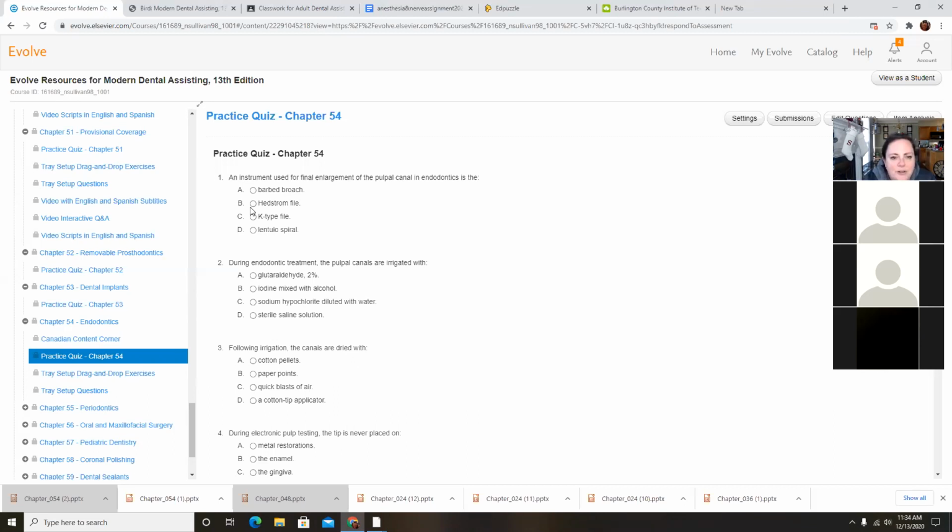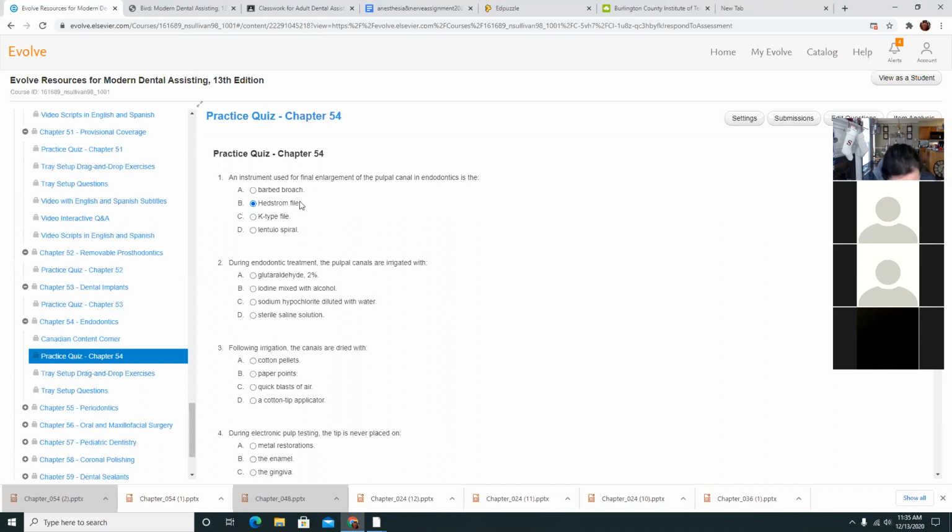So I'll tell you, Hedstrom file makes everything inside the canal smooth. Final enlargement is going to be, would it be the barbed one?